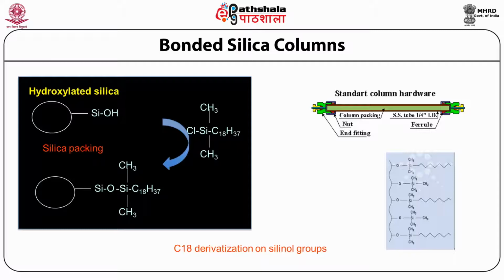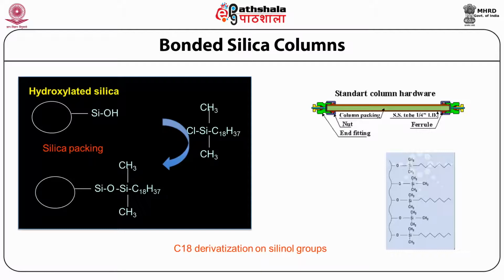In a standard analytical column, about 5 micron particle size is mostly used in analytical separations. Today we even have 1.5 micron and 3.5 micron columns, and about 30 years back we even used 10 micron particle size columns.